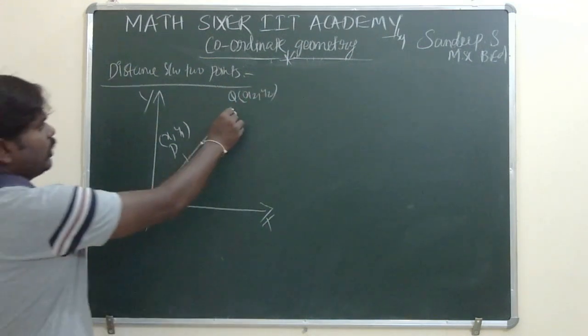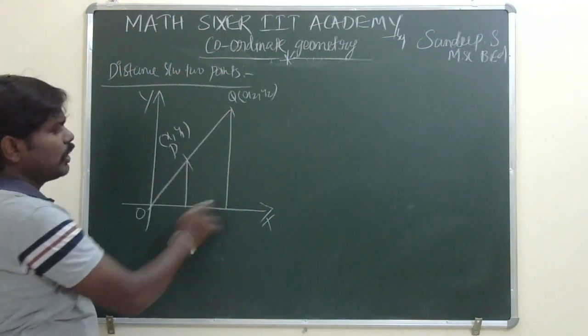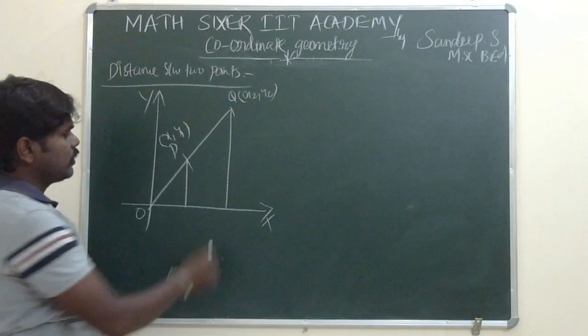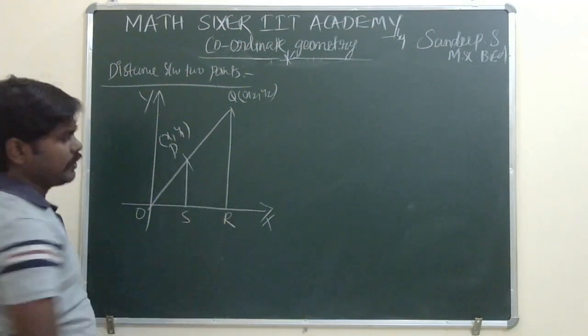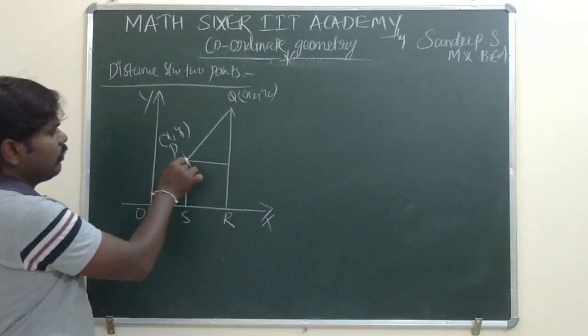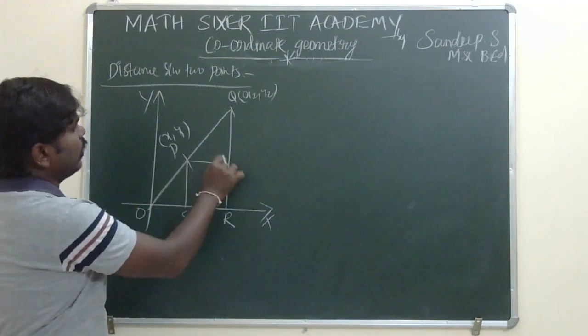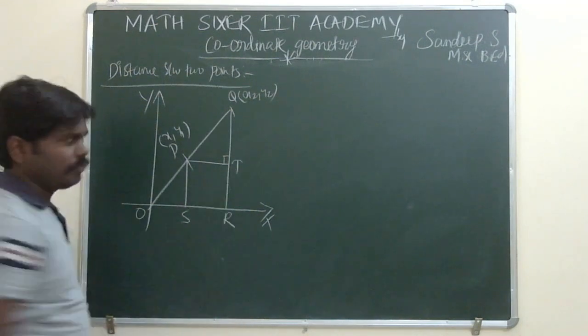Now draw the perpendicular from the points P and Q to the x-axis. Let the feet be Q, R and S. These are the points. Now draw the perpendicular from P to QR and denote the foot as T.